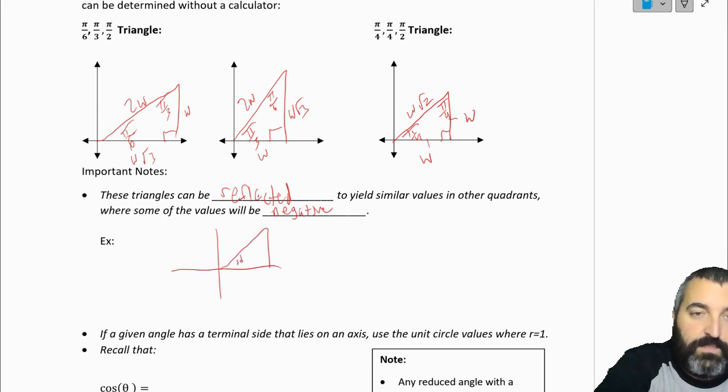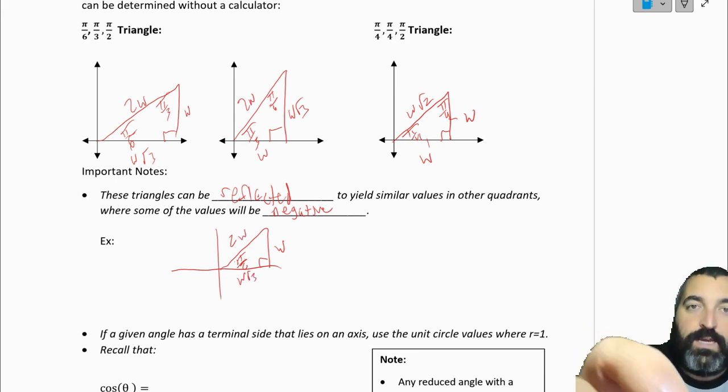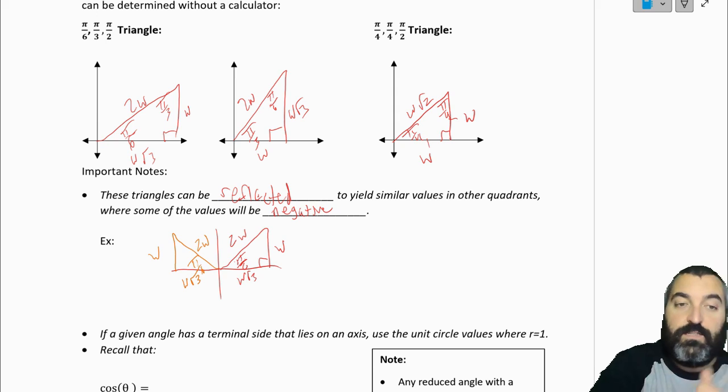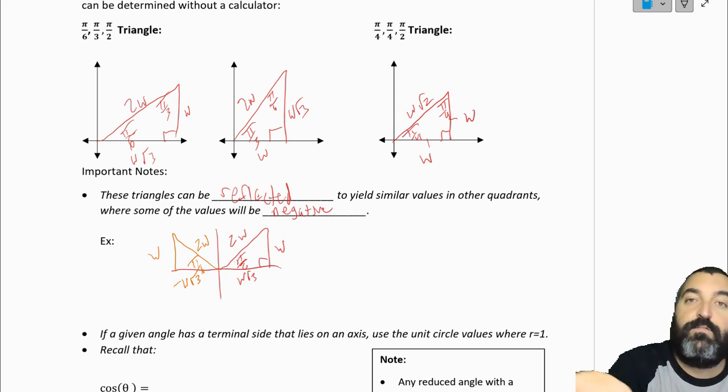There's pi 6 as the angle, I'm going to have the right angle there, and then this is w, 2w, w root 3. Well, I can reflect it over the y-axis. This height is still w, the hypotenuse is still 2w, and this reference angle is pi 6. That's why it's the same type of triangle. It's still w root 3, but it's to the left, which means it's negative.